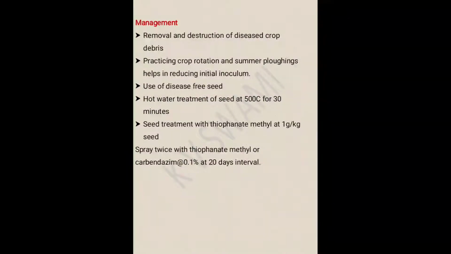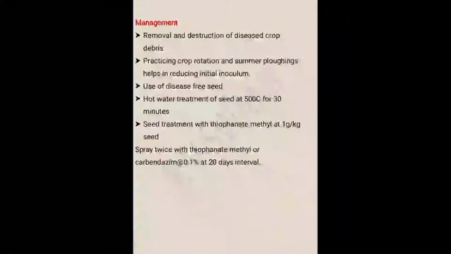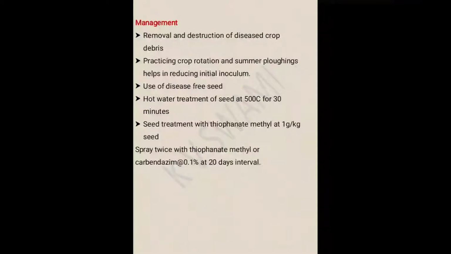Ultimately, we have to manage this disease by adopting the different management practices that are as follows. Removal and destruction of diseased crop debris, practicing crop rotation. As I told you earlier, one should avoid growing the same crop or single crop year after year or season after season on the same piece of land.